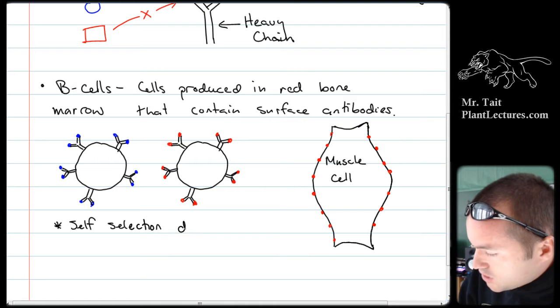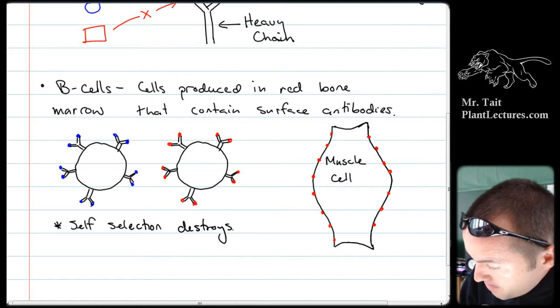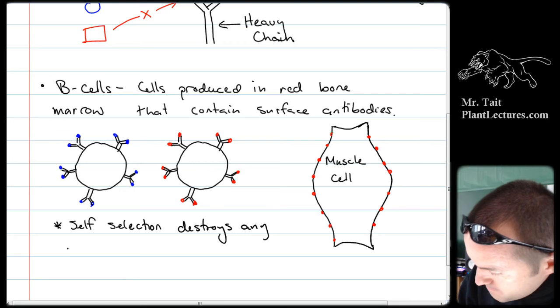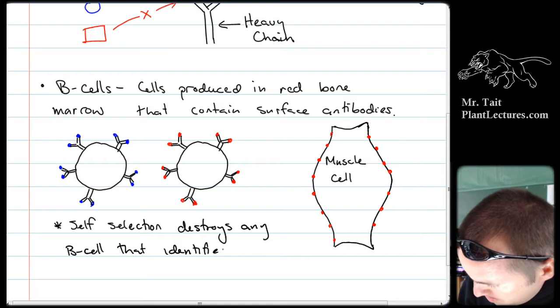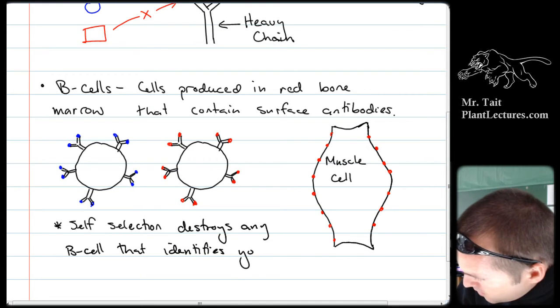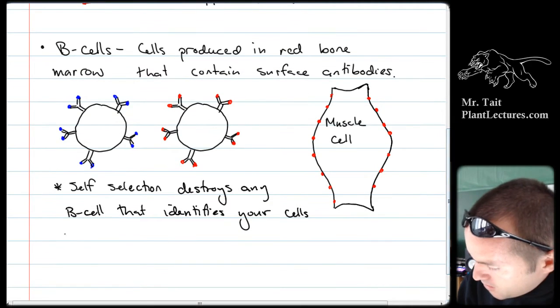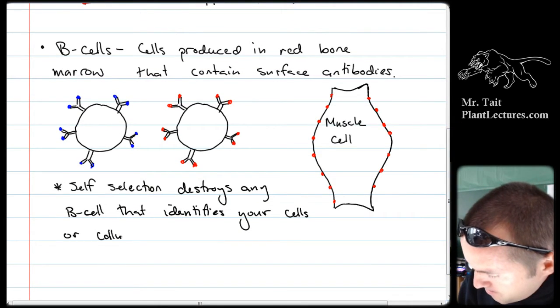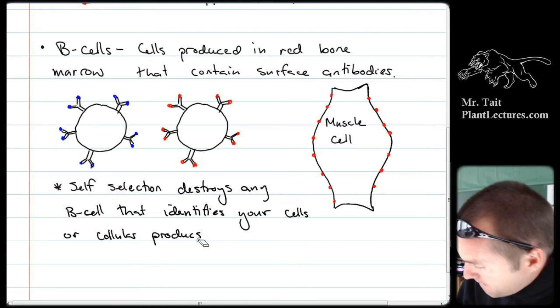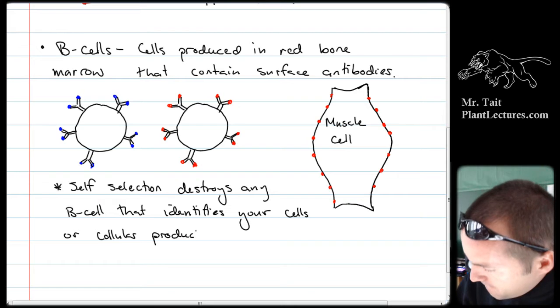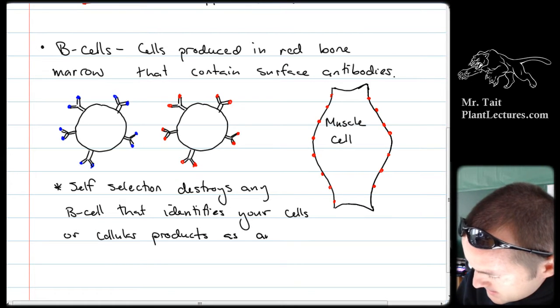So self-selection destroys any B cell that identifies your cells or cellular products as antigens.